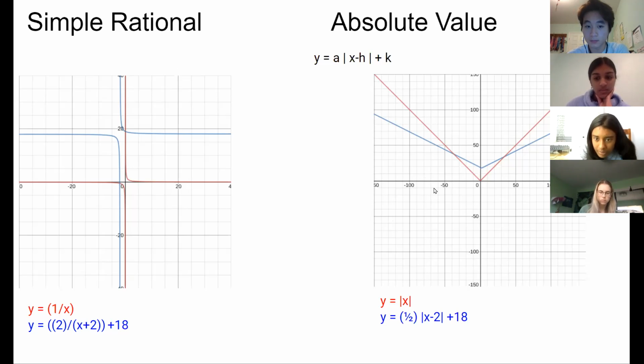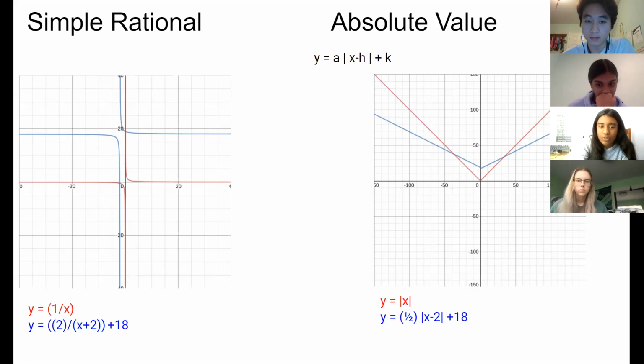Because it's zoomed out, you can't really tell, but the function is actually moved 2 to the right. This minus 2 tells you to move the entire function 2 units to the right, and the 18 tells you to move it 18 units upward.